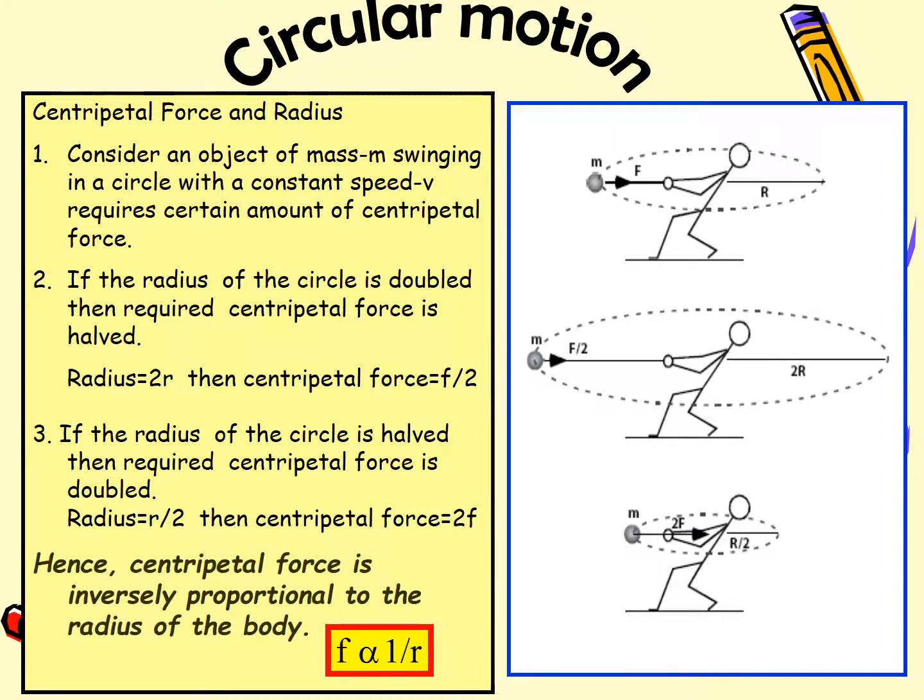If the radius of the circle is halved, then the required centripetal force is doubled. It means if the radius of a circle is increasing, the centripetal force is decreasing, and when the radius is decreasing, the centripetal force is increasing. Hence, centripetal force is inversely proportional to the radius.